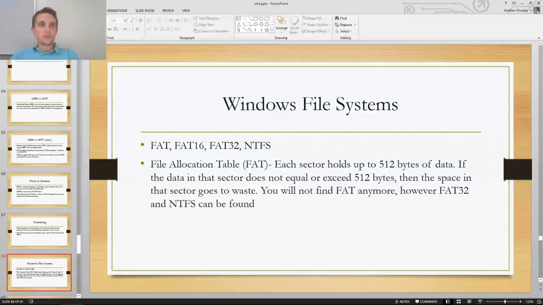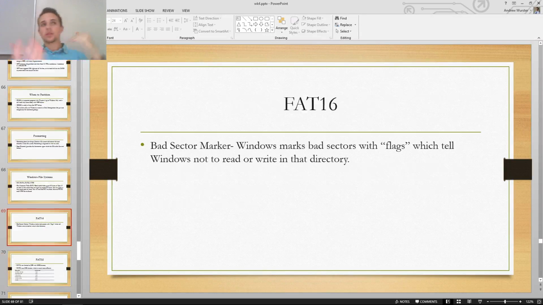FAT16 is the same as FAT, however it added a bad sector marker, which is basically just Windows saying, hey, this sector's bad, don't read or write from it, because it won't write or read efficiently. In current times, this can also be done by formatting the drive without using quick format, and if you defrag your drive, as long as it's not an SSD, it'll do the same thing.